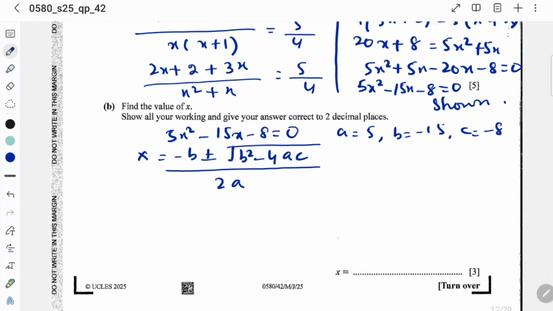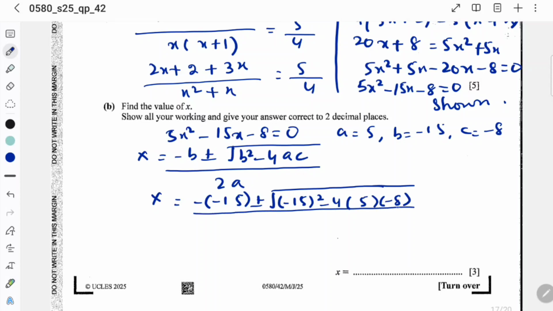So x equals minus minus 15 plus minus square root of minus 15 square minus 4ac upon 2a. x equals 15 plus minus the square root of 15 square minus 4 times 5 times minus 8, which is 385, upon 10.